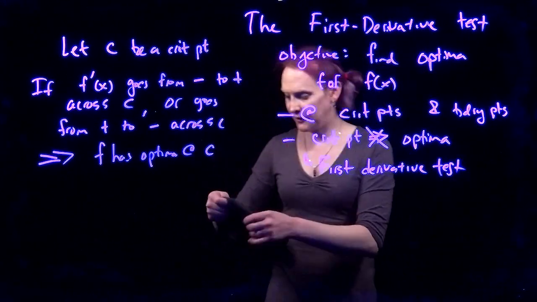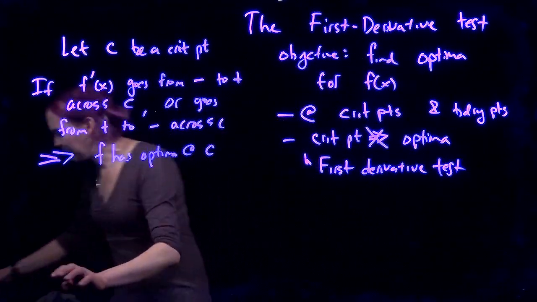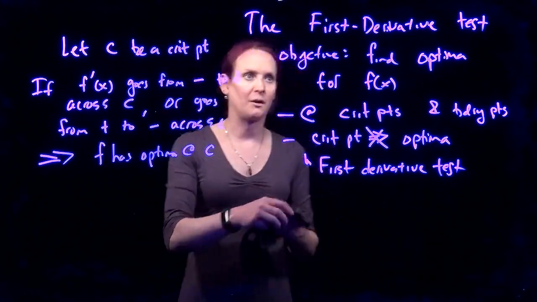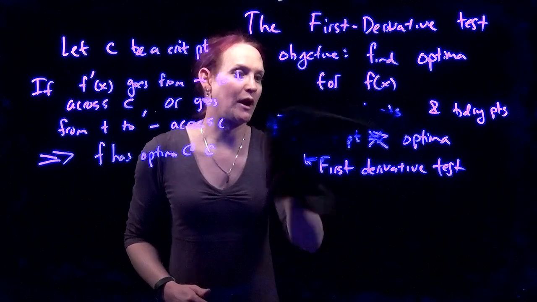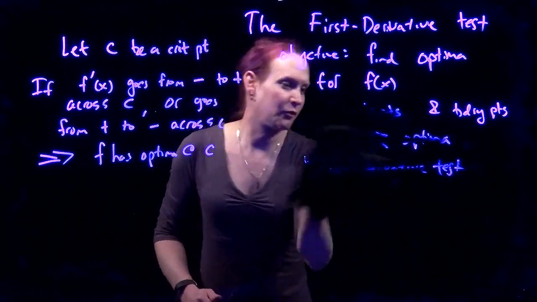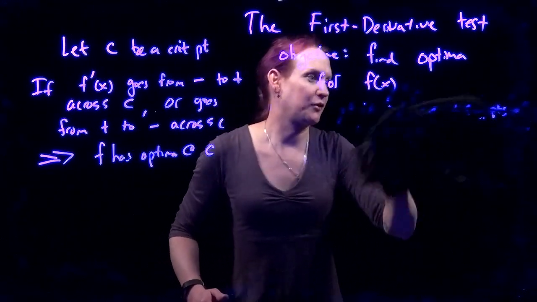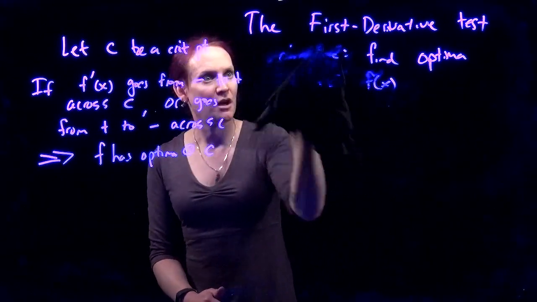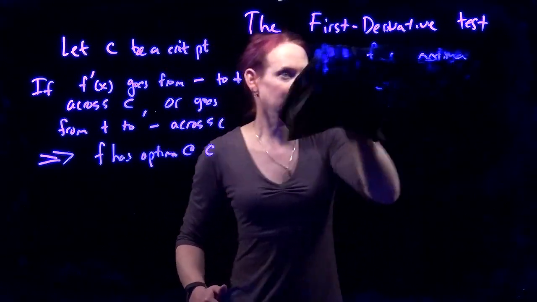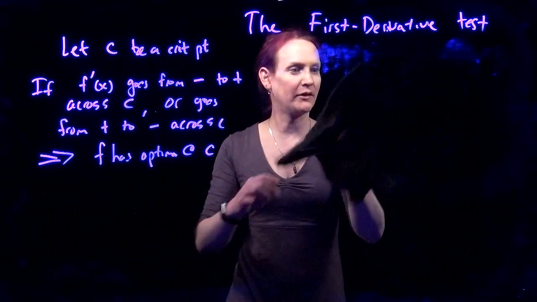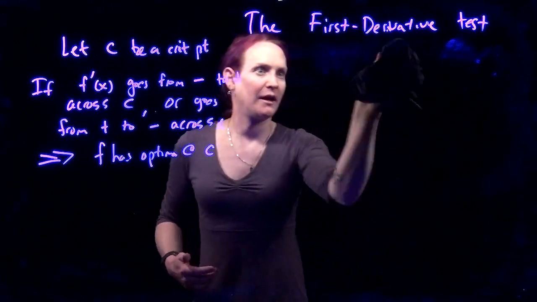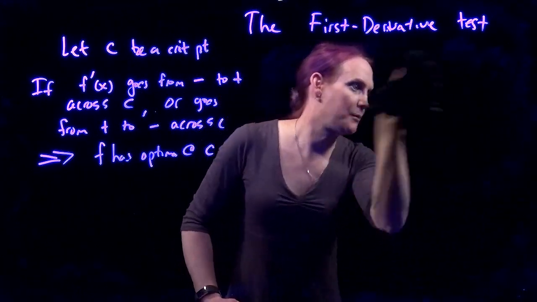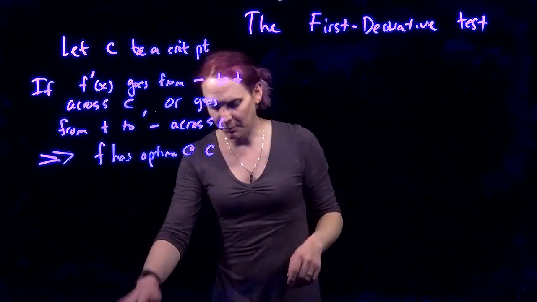So I think the right thing to do as far as getting this picture across is to draw a picture. And then I'll summarize the derivative test for you again after we're done with that. Let's draw a picture of a function and put some critical points on it and examine the nature of those critical points.